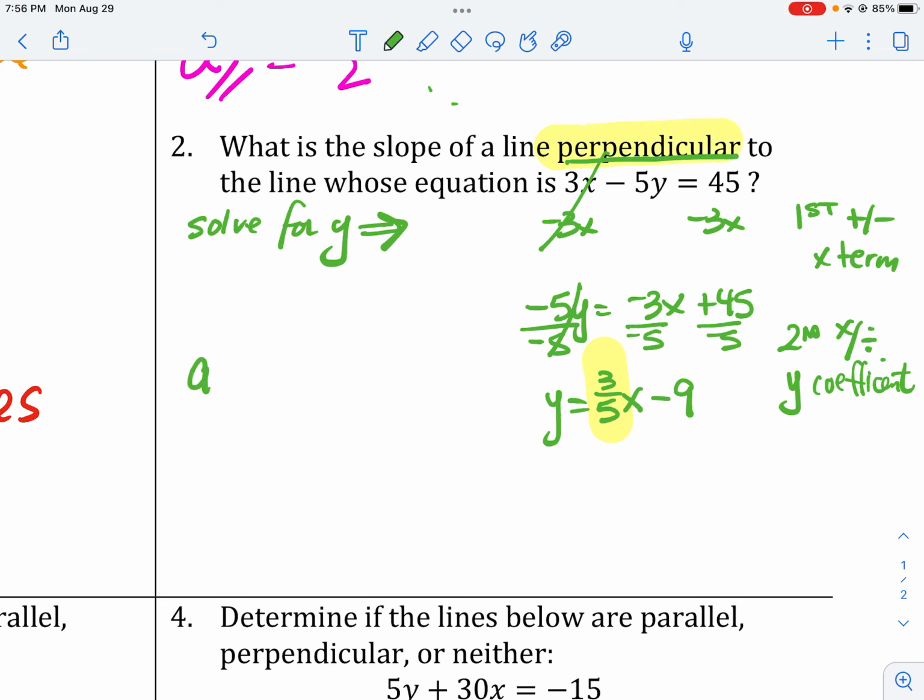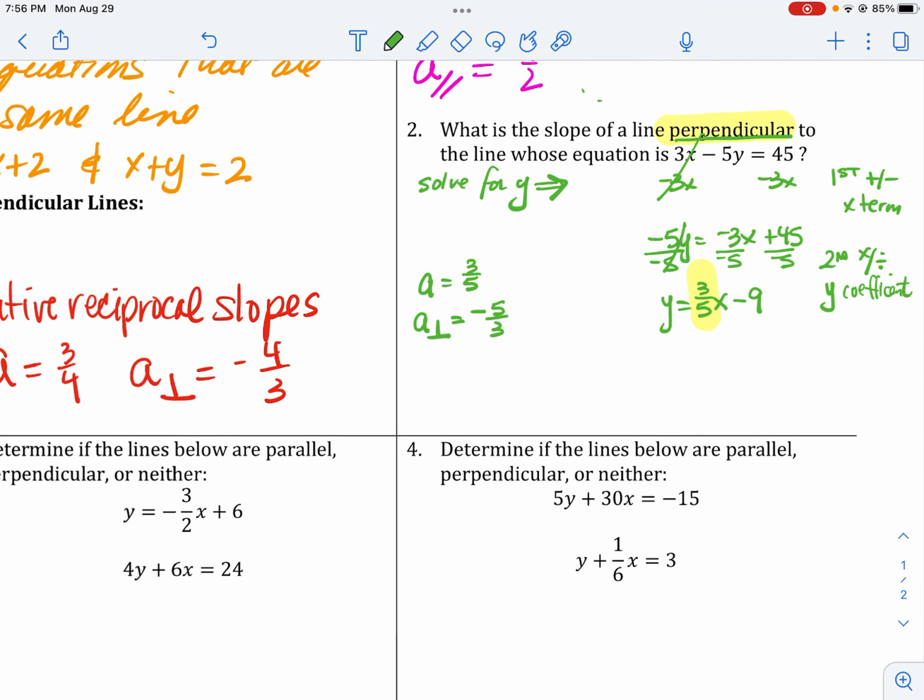So if the slope on my line is 3 over 5, then perpendicular slope is the opposite. Change the sign and flip the fraction. So all we've done is just find the slope and then find either parallel or perpendicular based on the slope of the equation we're given.